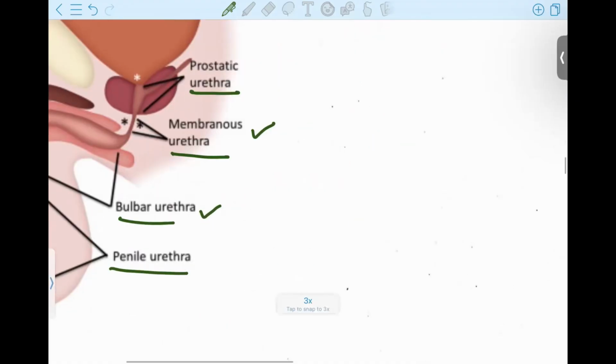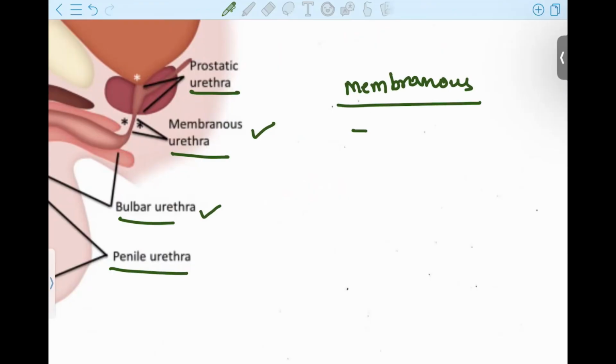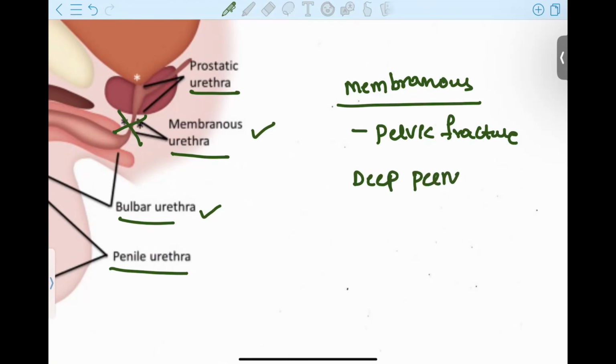So let's see the differentiation. In the membranous urethra, the common injury is due to pelvic fracture. So if the patient has a pelvic fracture, the membranous urethra is likely to be damaged. In the membranous urethra, what happens? These patients commonly involve only the deep perineal pouch.